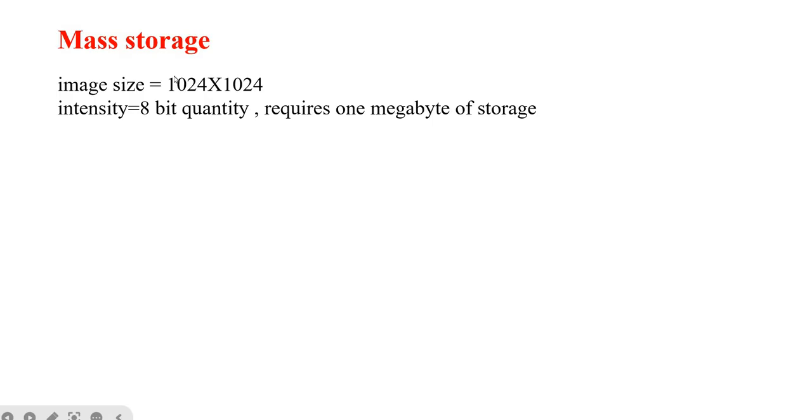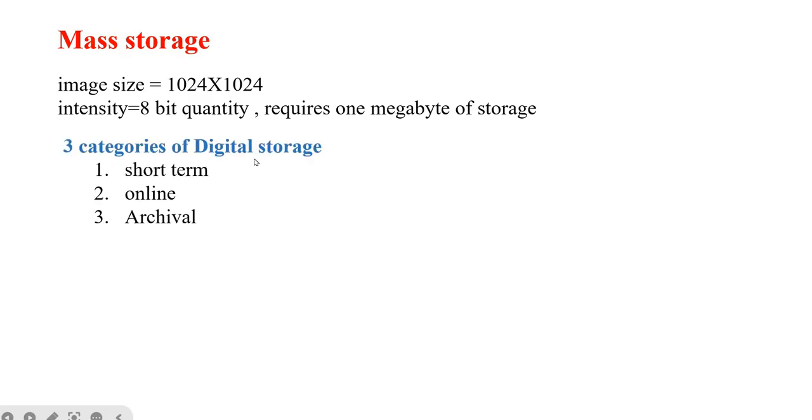Next comes the mass storage. Mass storage is a must and it is very important in an image processing system. Suppose you have an image with a size 1024 by 1024 pixels, in which the intensity of each pixel is an 8-bit quantity, and it requires 1 megabyte of storage space if the image is not compressed.